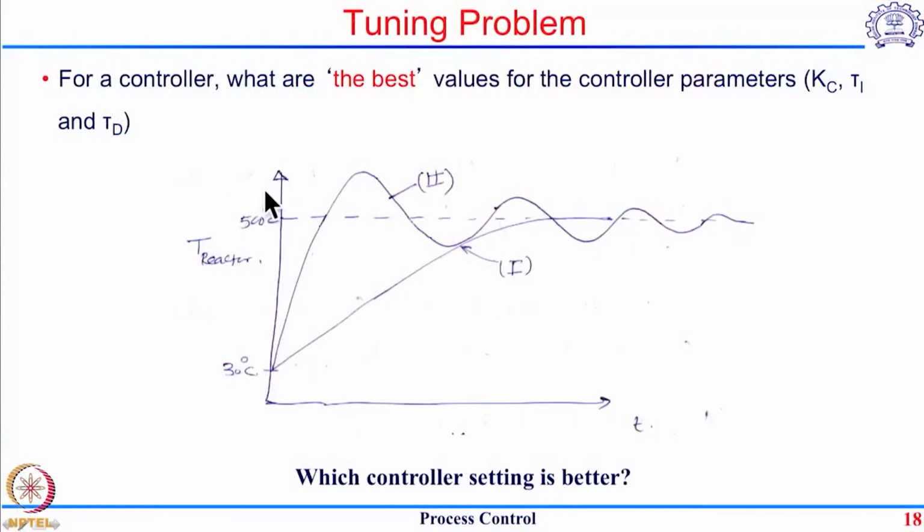Let me now give a different scenario for the same example, and let us say that for this system, if the temperature crosses 510 degrees, it is detrimental for the system.